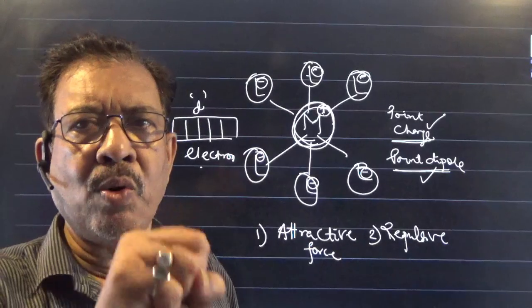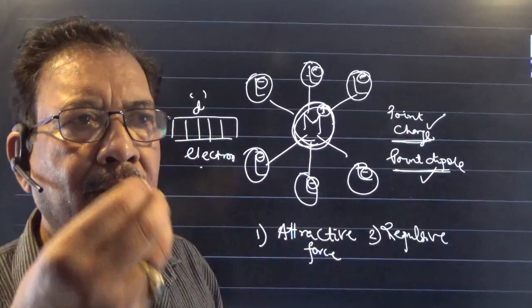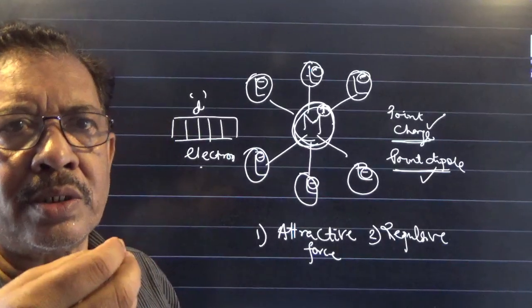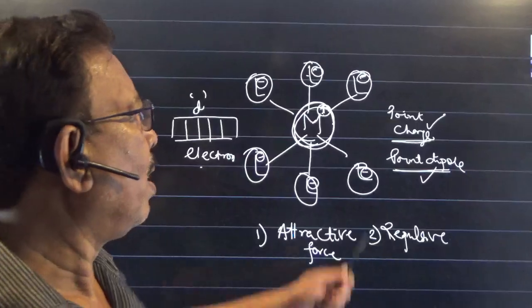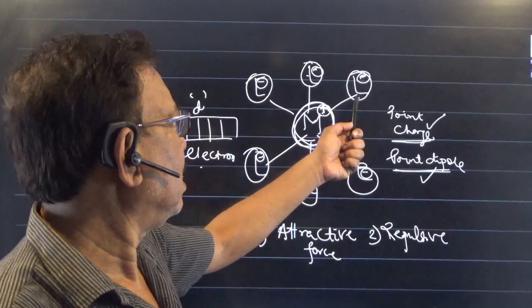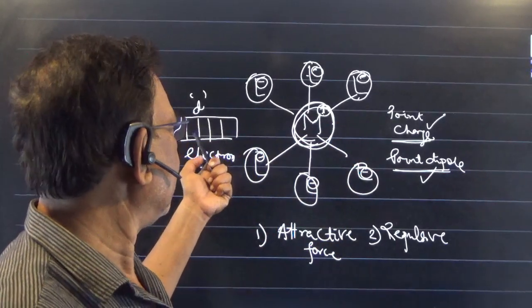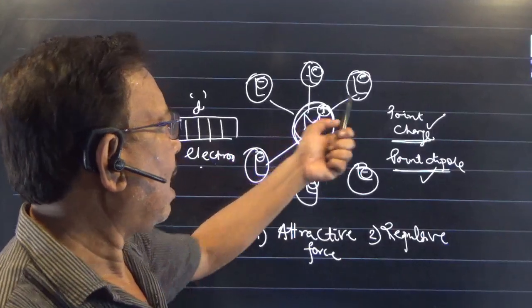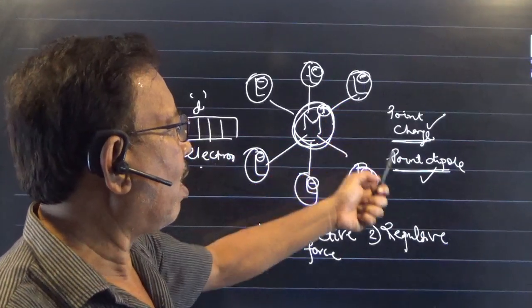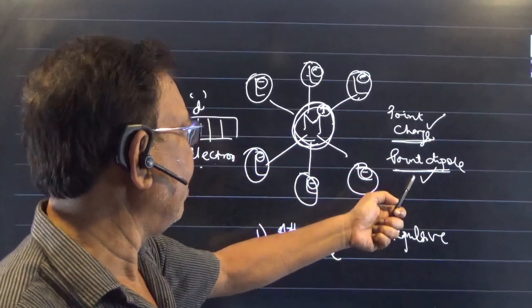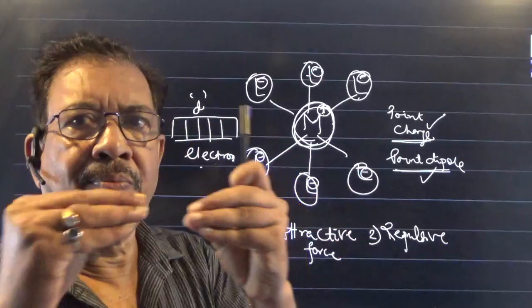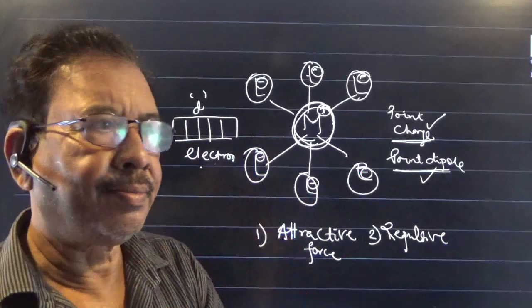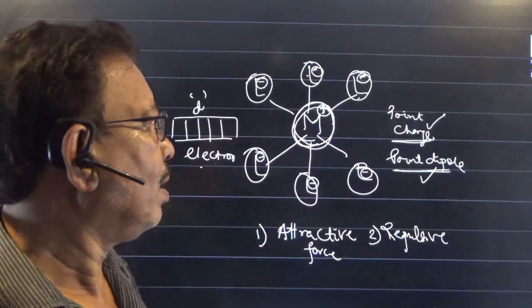The repulsive force arises because the electron is negatively charged and the point charge is negative, or the point dipole is also negative, so when they come close, there is a repulsion.